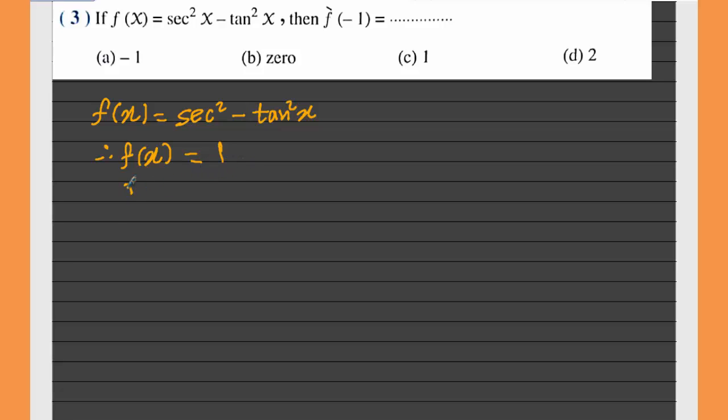So f dash of x equals 0. It means f dash of negative 1 equals 0 also. So the solution is letter B.